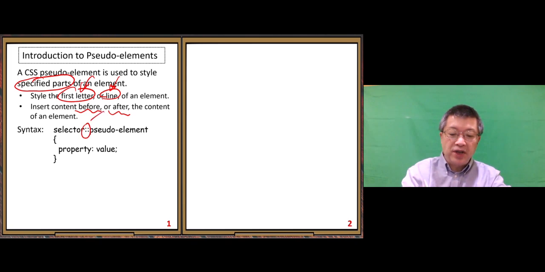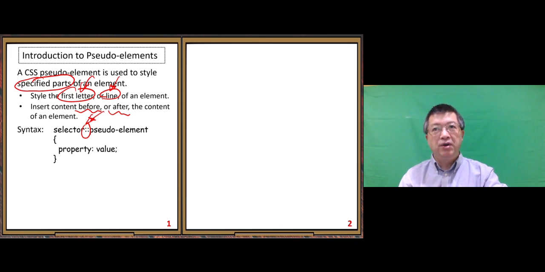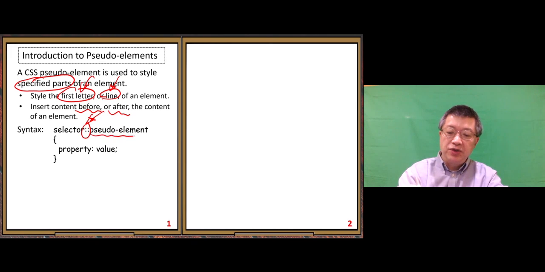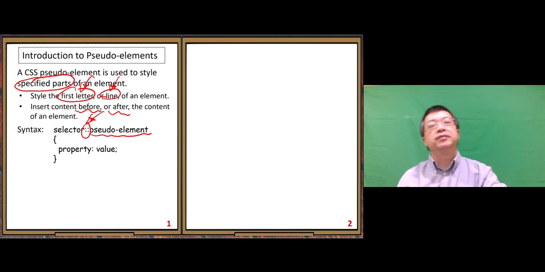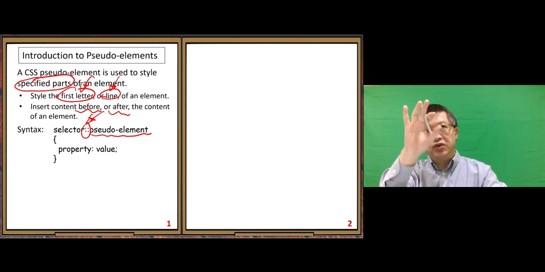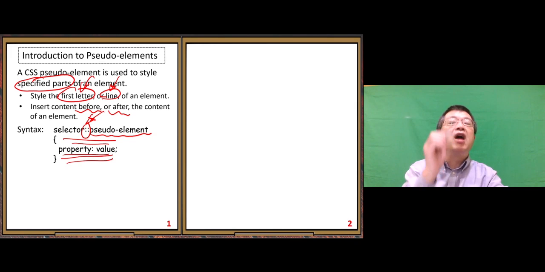That's the special notation we use. So when you see the double colon notation, you know you are using a pseudo element. Then you put the pseudo element name. Only those special names you can choose from. Then the normal property declarations.